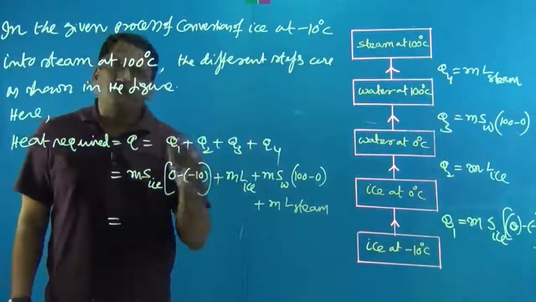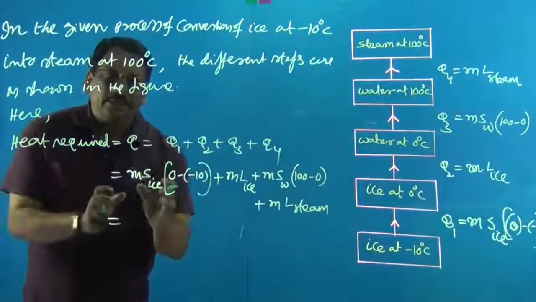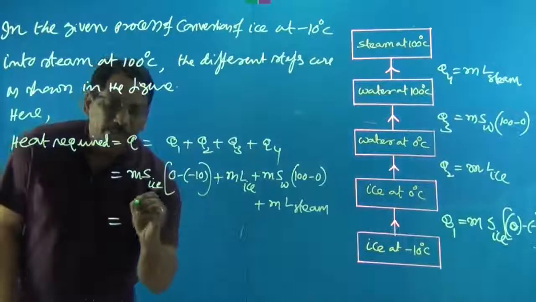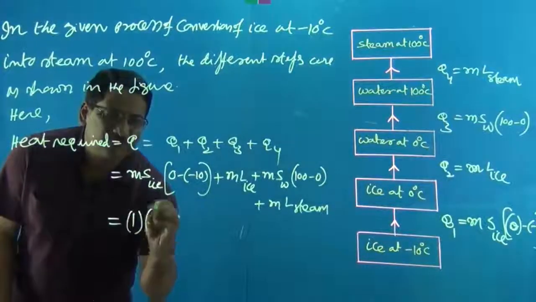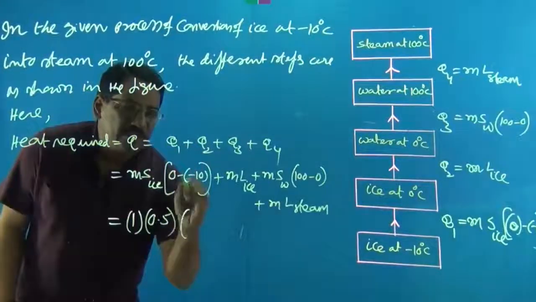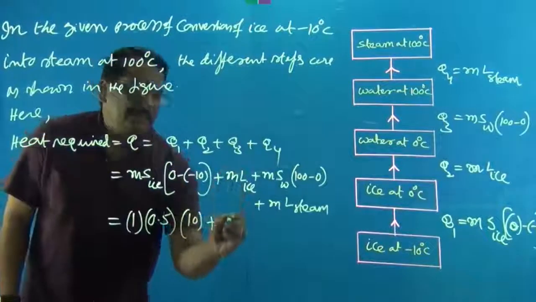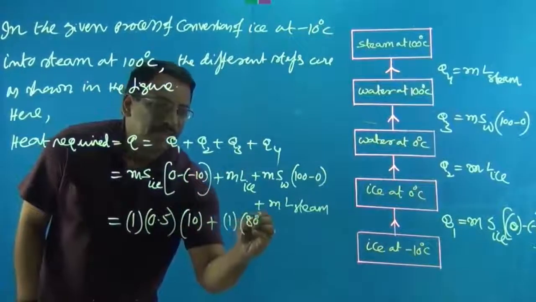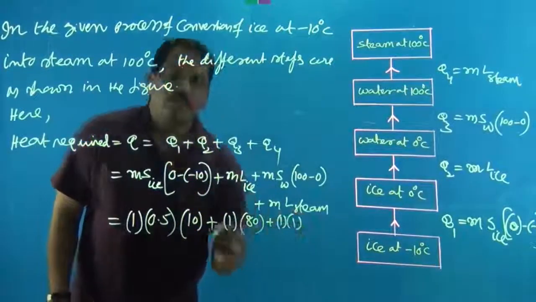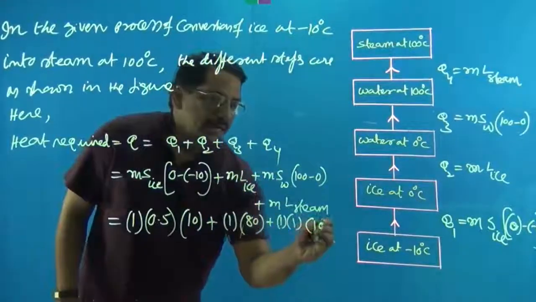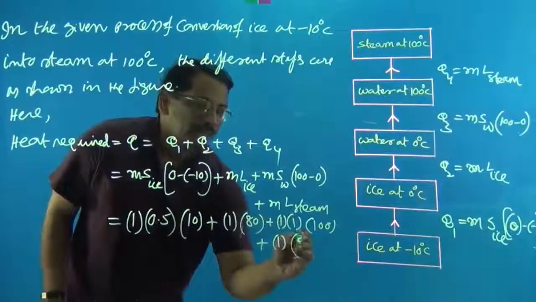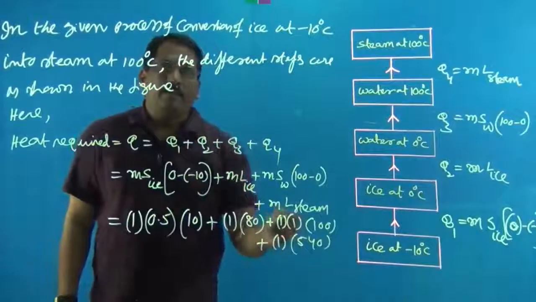Here mass is 1 gram, given. Let's solve all in the units in which the calorie unit is given, that is CGS and calorie. That is 1 gram into specific heat of ice as given, 0.5 calorie per gram per degree centigrade, into 10, plus 1 gram into latent heat of ice, 80 calorie per gram, plus 1 into specific heat of water, 1 calorie per gram per degree centigrade, into 100, plus 1 into latent heat of steam, given as 540 calorie per gram.